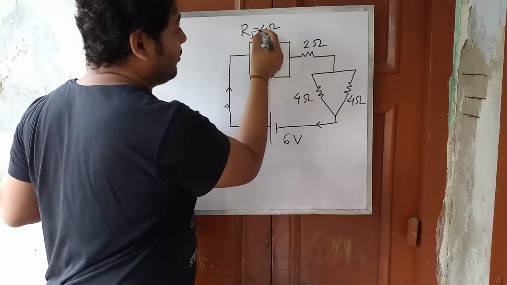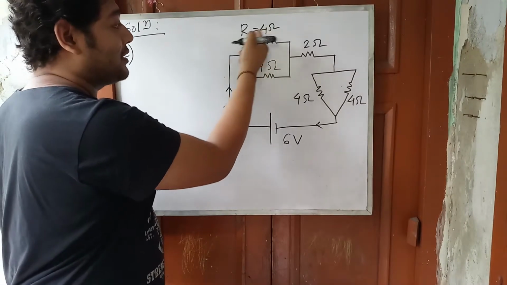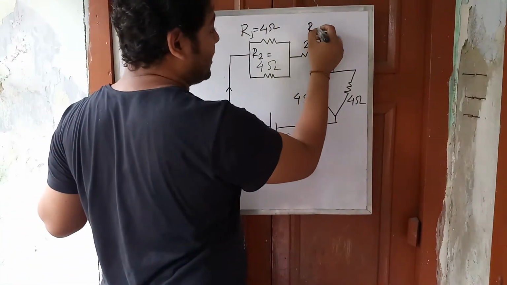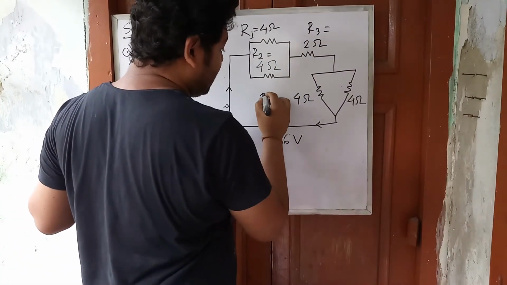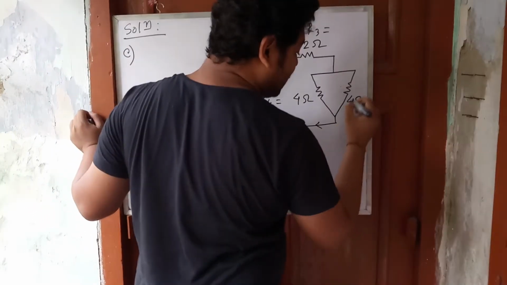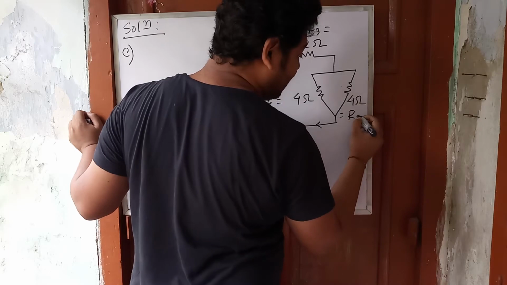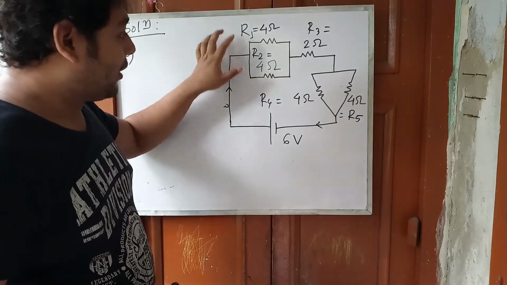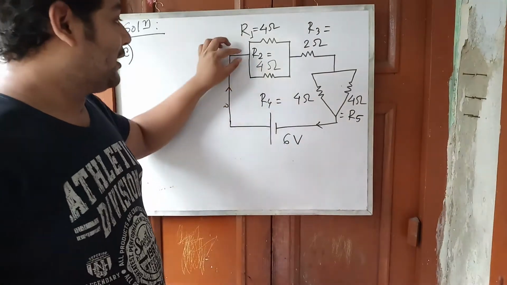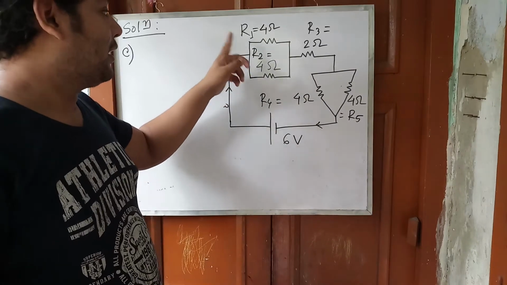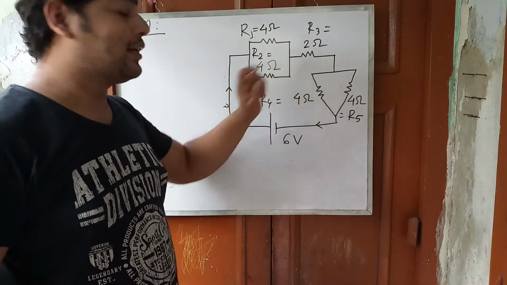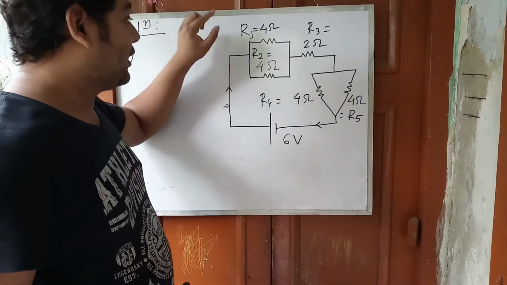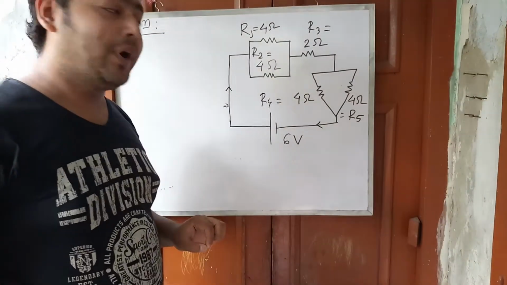If we denote this resistance as R1, this as R2, this as R3, this as R4, and this as R5, then we can see that the starting points of R1 and R2 are at a common point, and the ending points of R1 and R2 are at another common point. So we can realize that R1 and R2 are in parallel.